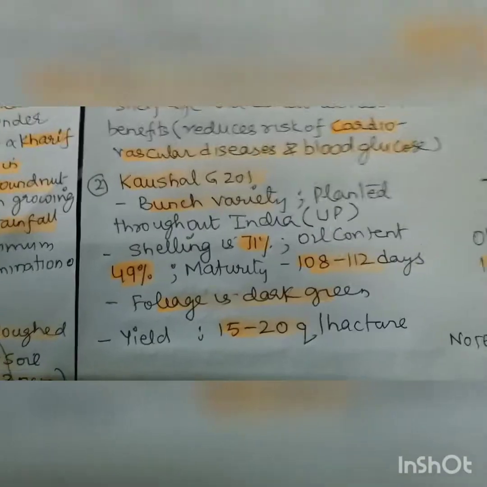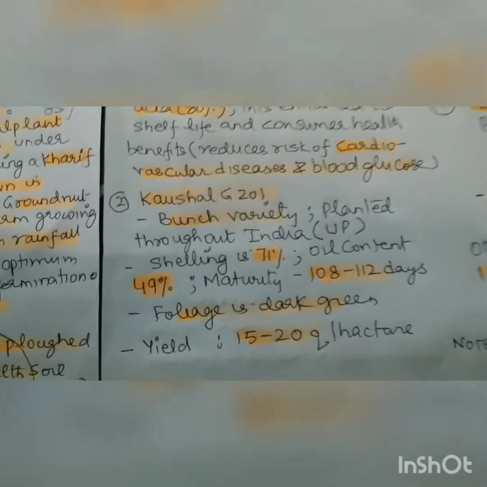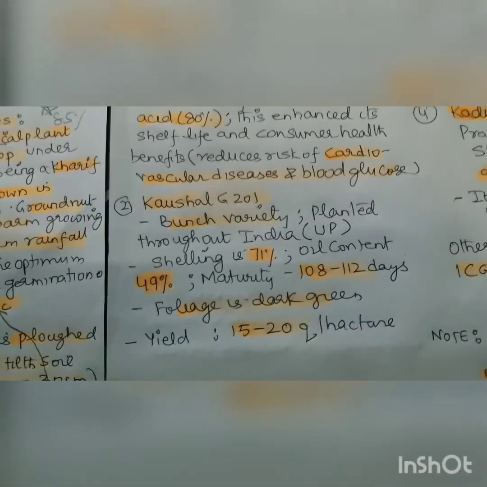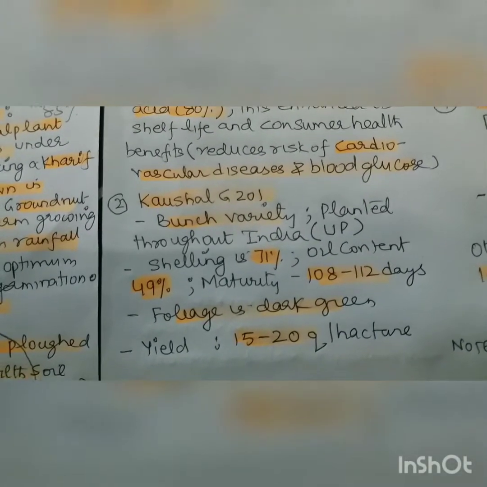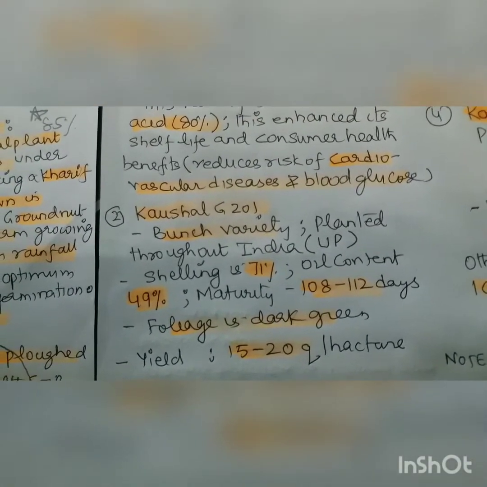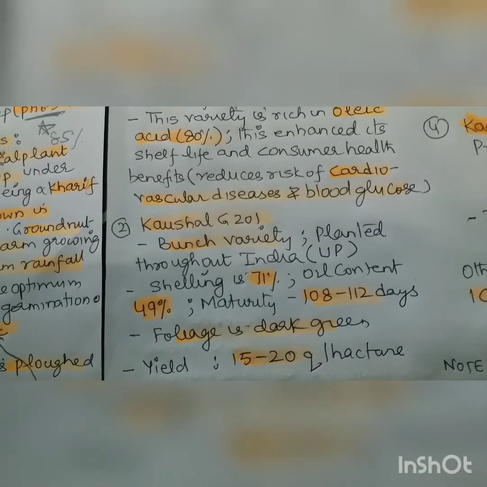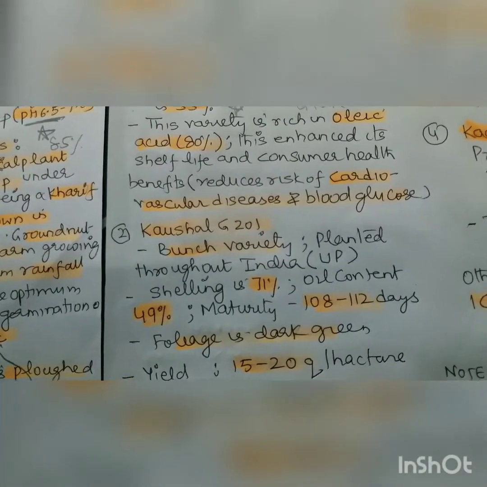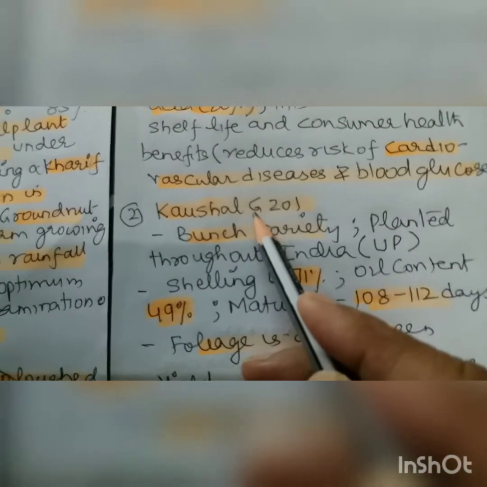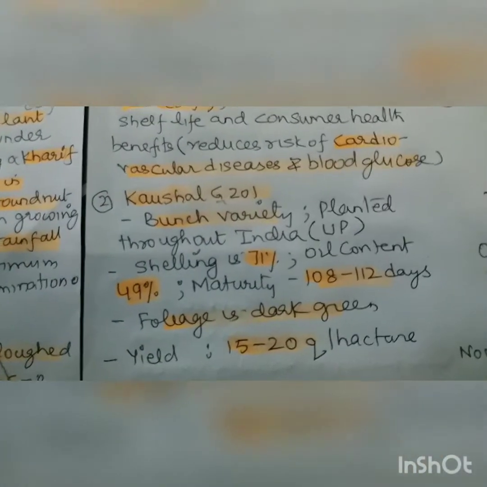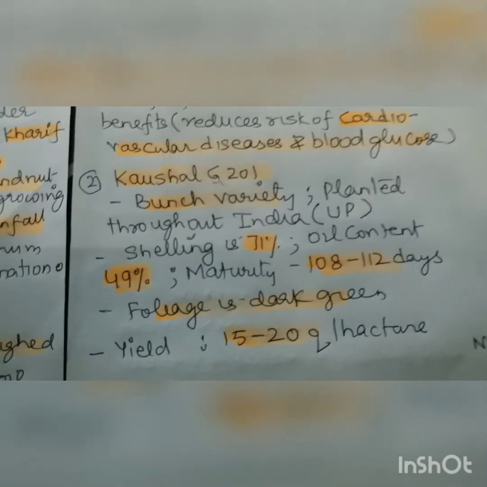So the next variety is Kaushal, and I took this variety because as soon as you pass through the corridor, our worthy principal's name is Professor Dr. Anita Kaushal. It is called G201, a bunch variety planted throughout India.